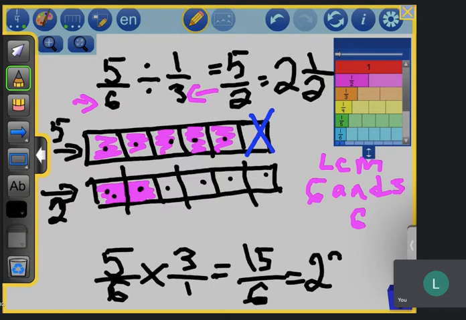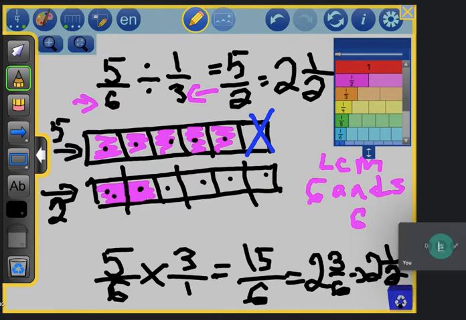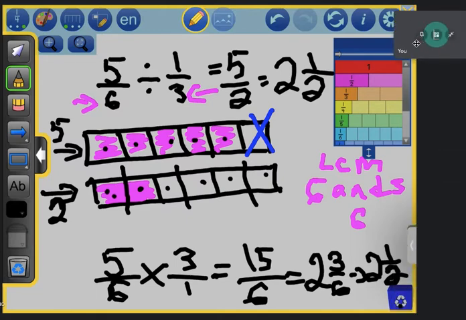And then we have 3 over 6, which is 2 and 1/2, because 3 is half of 6. Okay. Let me see if I can move that to show you. Move it out of the way. Yeah, it's fine up there.